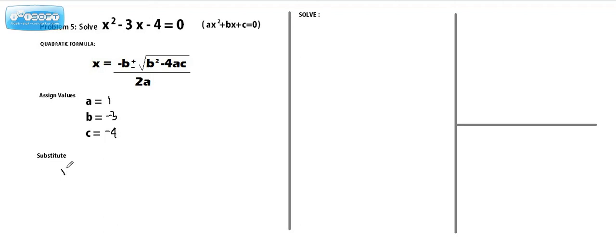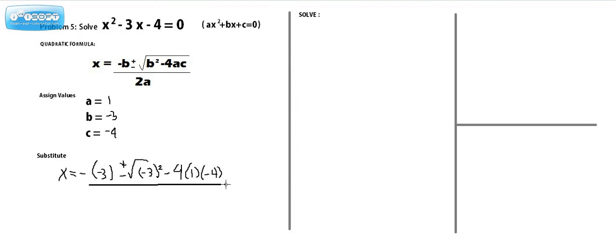So x is equal to negative b, that would be negative, and then b, which is negative 3, plus or minus the square root of b, which is negative 3, squared, minus 4, and then a, which is 1, and then c, which is negative 4, all over 2a, and that would be 2 times 1.